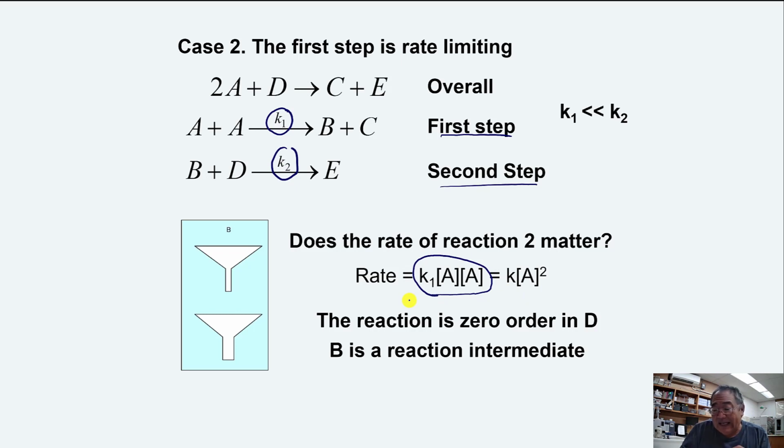Two A's have to get together, and then the rate constant determines how much of that is going to go on to form a product, or an intermediate in this case. So the rate law becomes k times [A] squared. The reaction would be zero order in D, because D comes in after the rate determining step. So its concentration doesn't matter, because that reaction itself is so much faster than the first reaction.